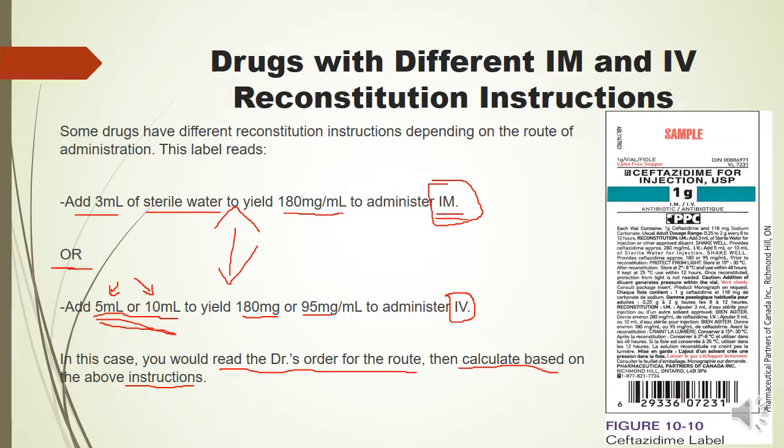Alternatively, we could add 5 or 10 milliliters. Depending on which volume we're adding, we're going to yield a final concentration of 180 milligrams per ml or 95 milligrams per ml. And that's how we can administer it IV.